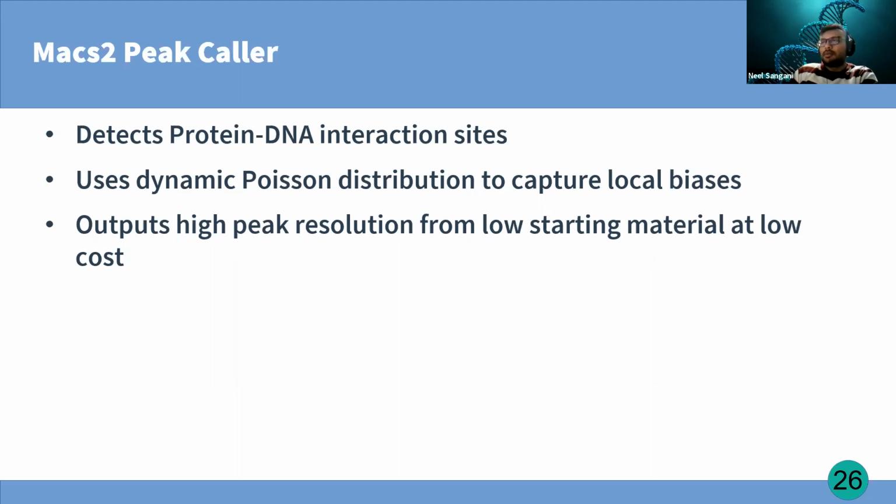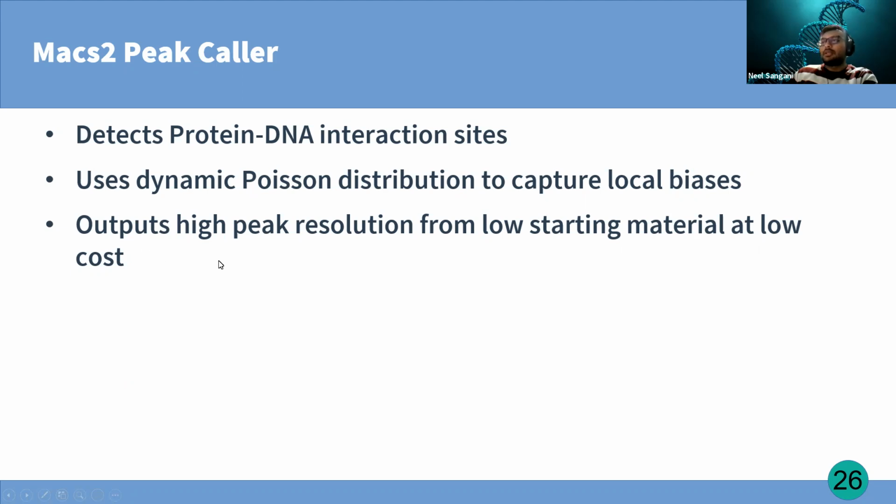You don't need to know about the algorithm that it uses. Just to give you an idea of what they are doing compared to other tools, they're using a dynamic Gaussian distribution to capture the local biases, which is the reason why these MACS tools give higher accuracy compared to the other tools available on the market today.